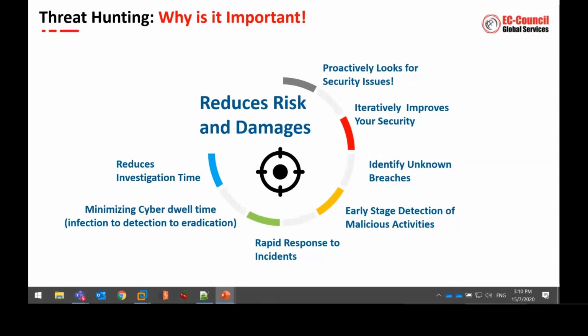the unknown breaches. As threat hunting is proactive, it helps us to detect malicious activities at a very early stage. It's very important because the earlier we detect, the less the effect of the attack may be.